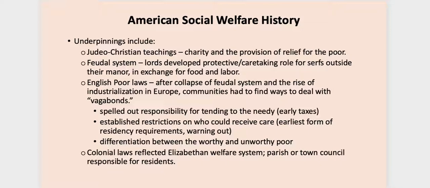The English poor laws were established after the feudal system broke up in Europe because the common man and woman, let's say, were released from the manors. They weren't enslaved there, but that was their means of living. And so when the lords were no longer able or willing to provide for their protection and their care, the serfs had to kind of hit the road more or less and find some place to live and some ways to get by.